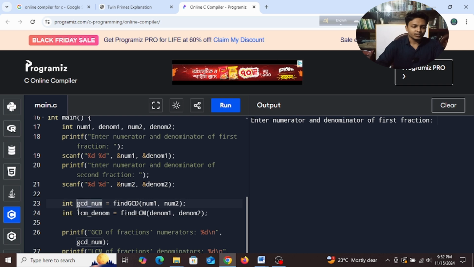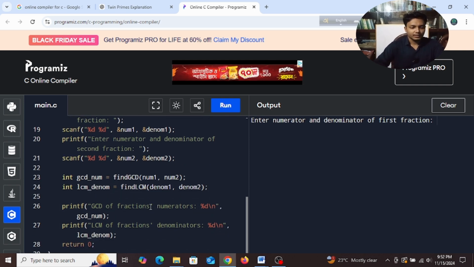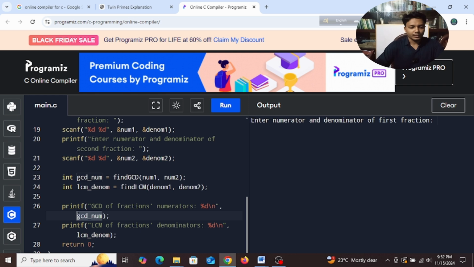Both of them are stored in these variables: GCD num, LCM denom. So now we will print the GCD of the fractions' numerators, whatever value we get, and the LCM of the fractions' denominators.